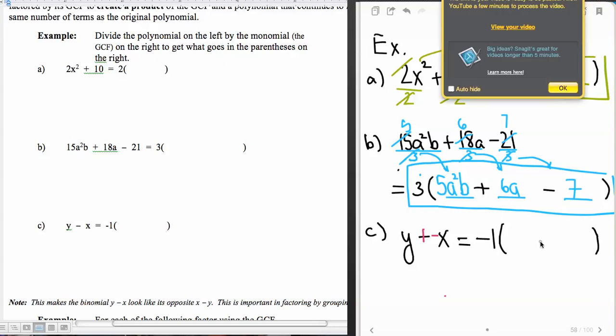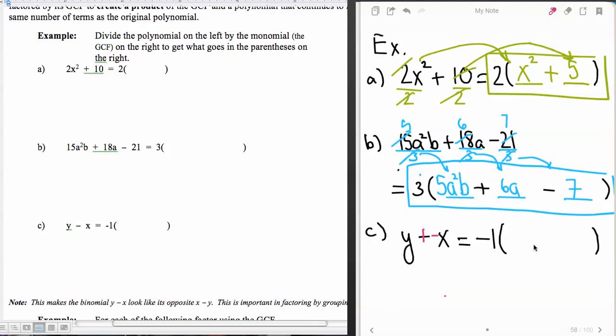Now I have the two terms here that I need, so I'm going to use one term here and one term over here. I'm going to divide this one by a -1, so y divided by -1 is -y, which I'm going to write over here as subtract y.